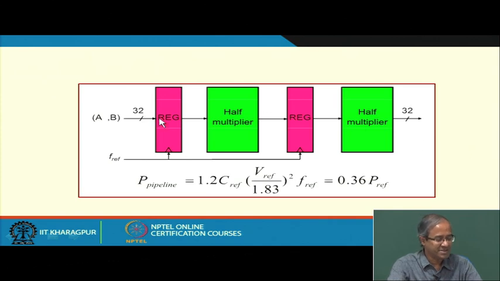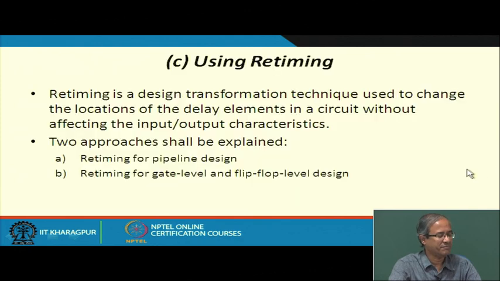So, we are splitting a computation into smaller sub computations in a pipeline, and we are reducing the power supply voltage of these stages, thereby reducing the overall power consumption. Okay.